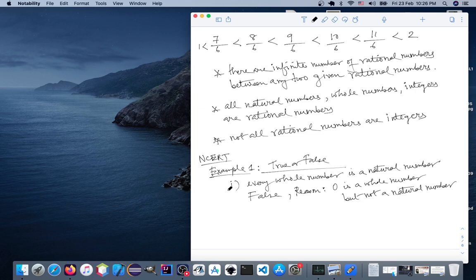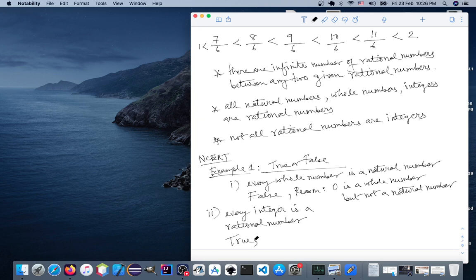The second one says every integer is a rational number. It is of course true, because what are rational numbers?